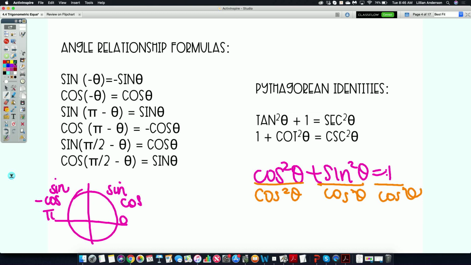You can get the next one by doing the exact same thing, except dividing every single term by sine squared theta. So these are a few other Pythagorean identities that you can also use when you are solving algebraically some of the trig equations that you'll come across.